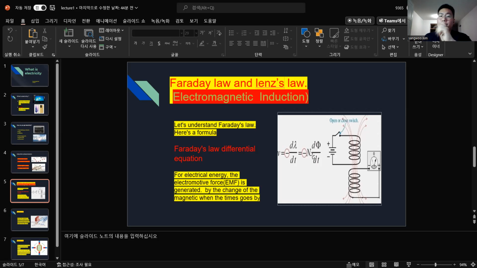So before understanding it, we need to memorize this equation. Look at that. I'll explain about it. I'm so kind, right?